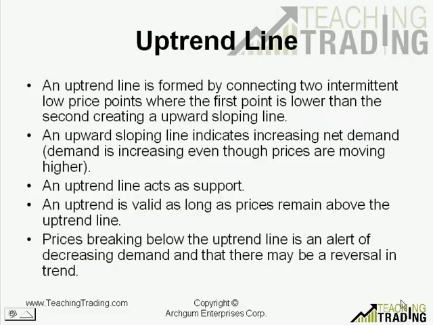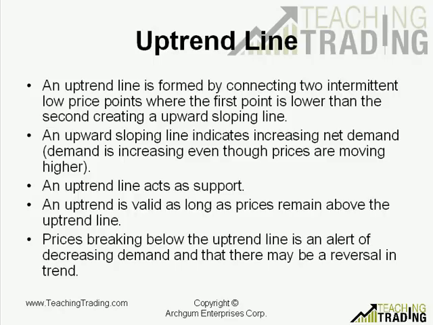To summarize, an uptrend line is formed by connecting two intermittent low price points, where the first point is lower than the second, creating an upward sloping line. An upward sloping line indicates increasing net demand, so demand is increasing even though prices are moving higher.